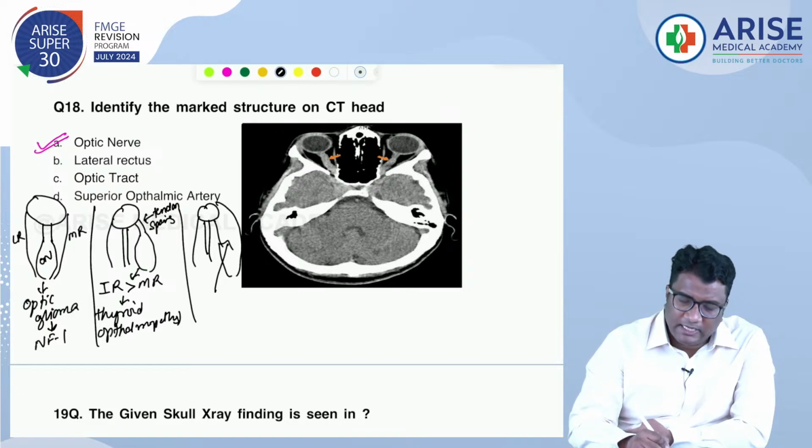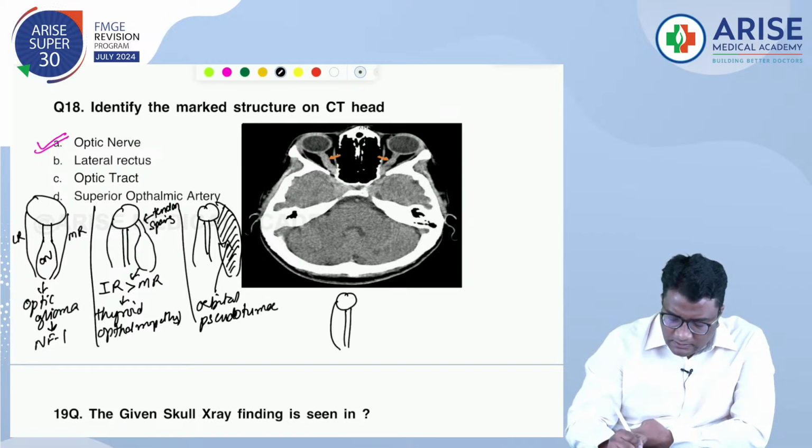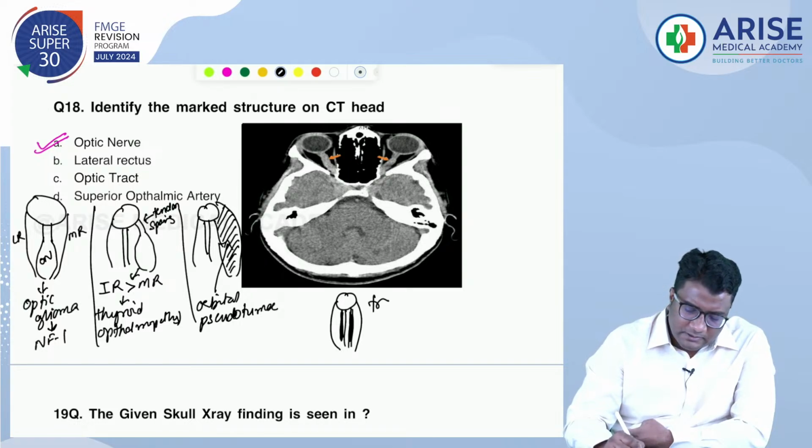But if there is diffuse enlargement of the extraocular muscle without any tendon sparing, this is orbital pseudotumor.